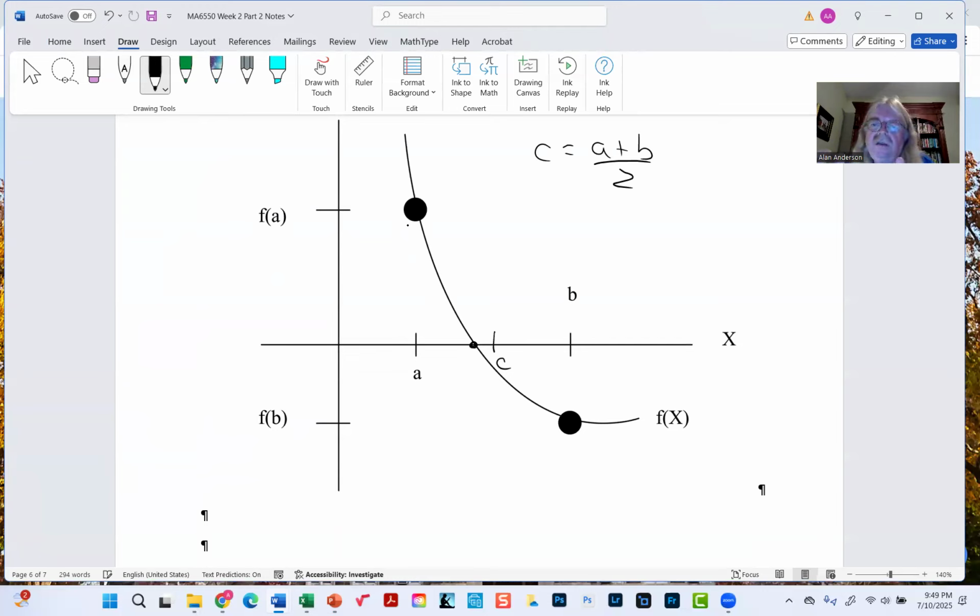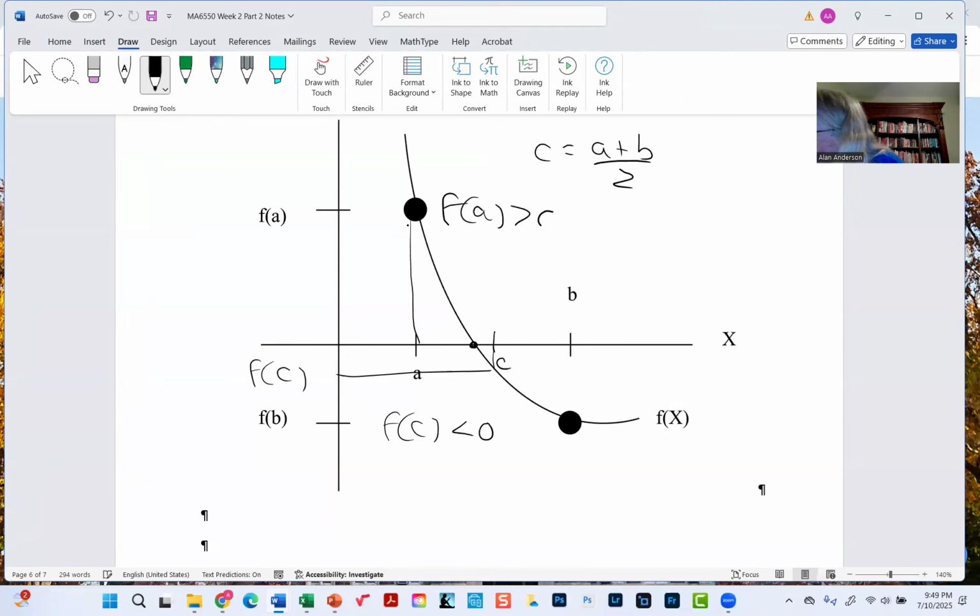Either A and C are on the two opposite sides of the root, or B and C are on either side of the root. We have to figure out which is which before we can proceed any further. So you can see here that f of A is positive, f of C is negative. Which means that f of A times f of C is negative. And that means that A and C bracket the root.